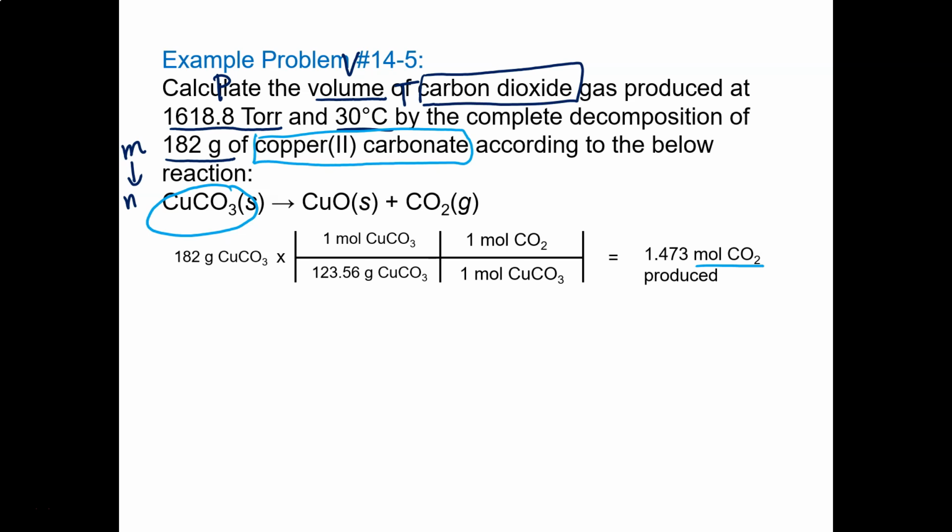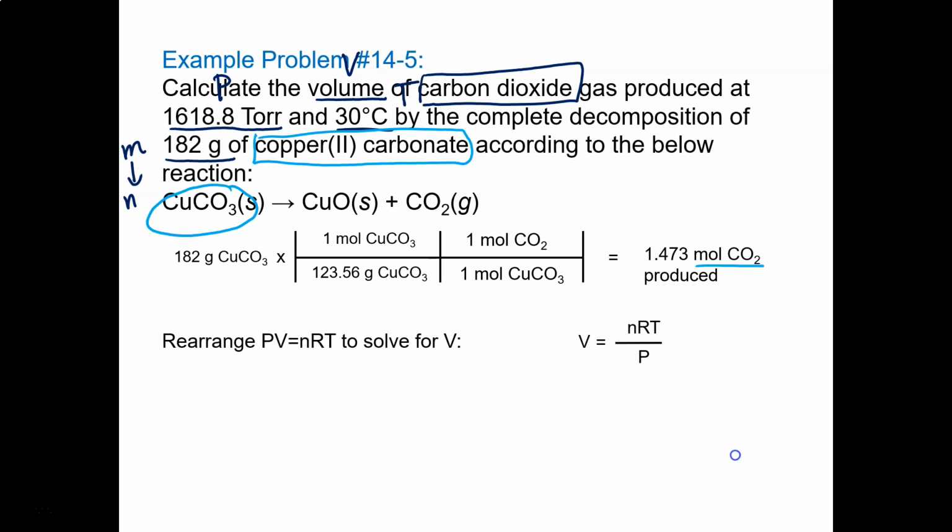Okay, what is step number 2? Step number 2 is to rearrange PV equals nRT to solve for V. And it should look like that. Okay, let's go ahead and list out the information we know, and our missing variable.